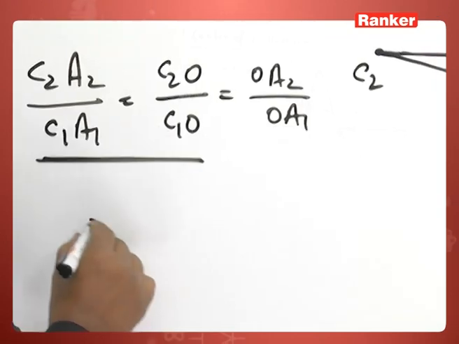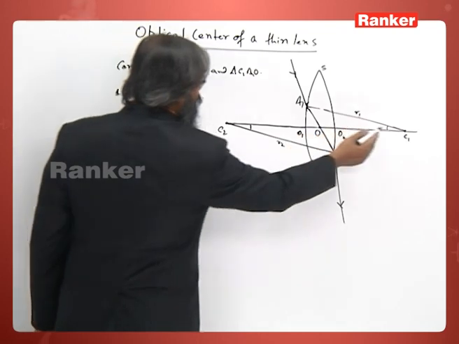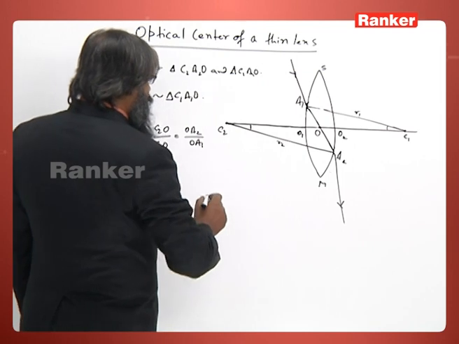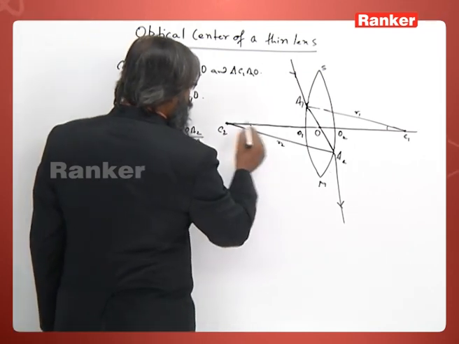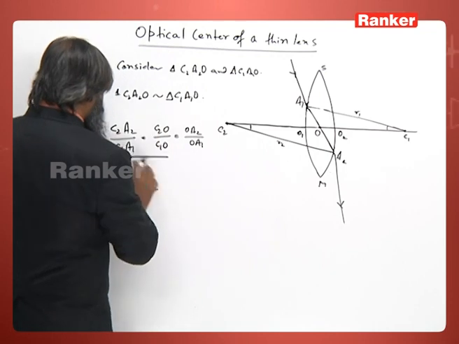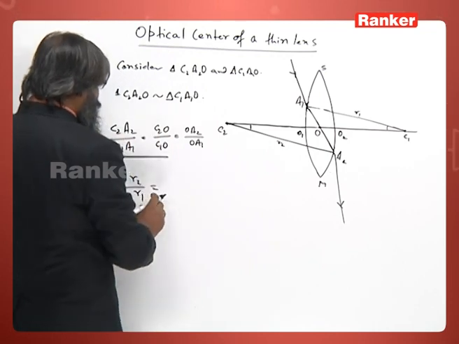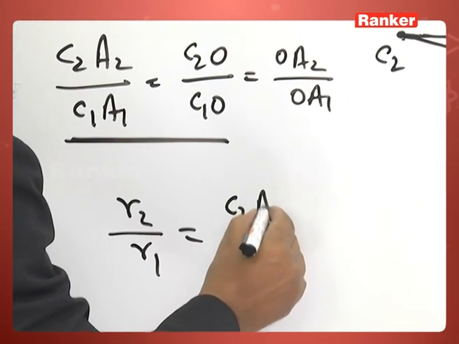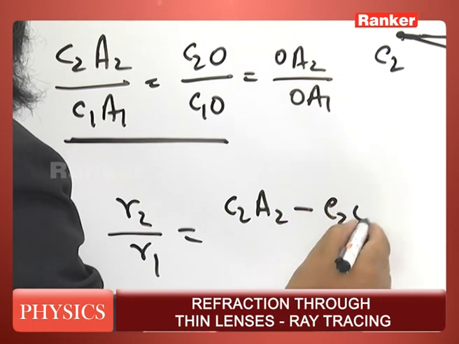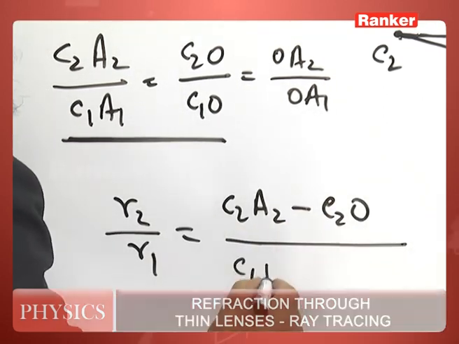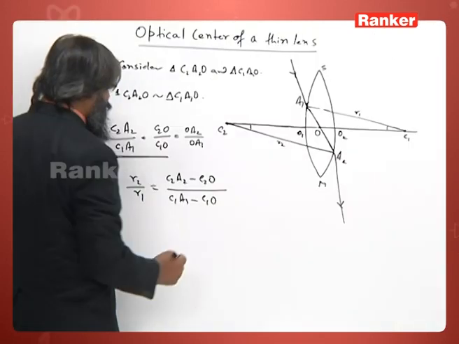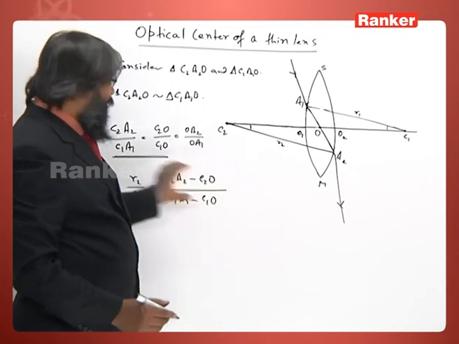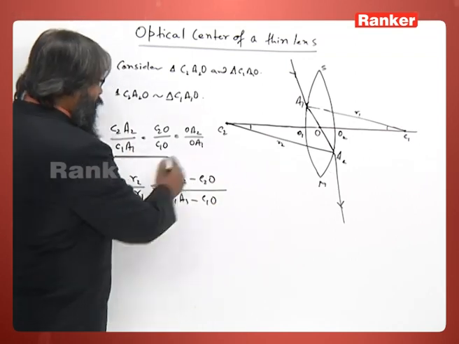C2A2 is R2, by C1A1, which is R1, is equal to C2A2 by C2O. Now you see, we can also subtract these two, that is C2A2 minus C2O by C1A1 minus C1O. So this ratio is equal to the difference or even the sum of the individual terms by ratio and proportion theorems.